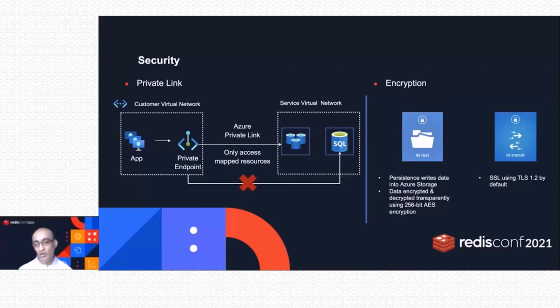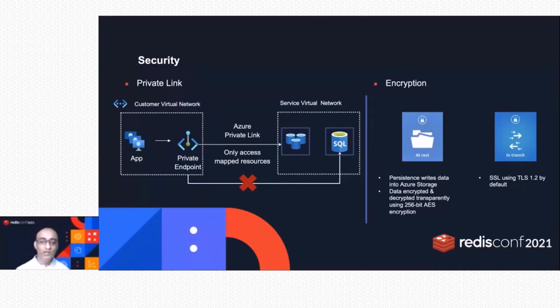Okay, so Azure storage automatically then encrypts the data when it is persisted. So you can either use default Microsoft managed keys for encryption, or you can manage the encryption with your own keys. Data in Azure storage is encrypted and decrypted transparently from your application point of view using AES encryption.